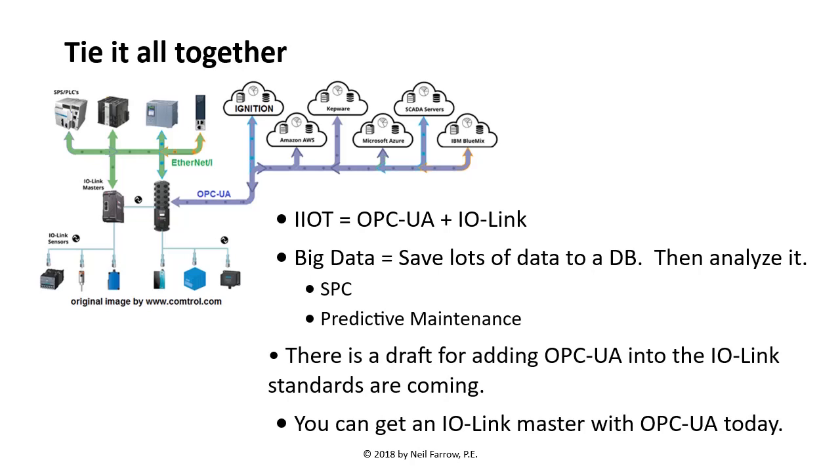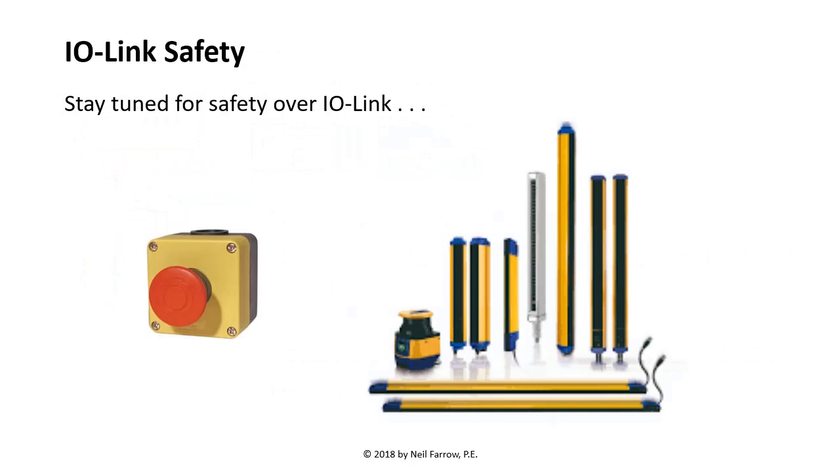There is a draft document open for comments for adding OPC-UA into the IO-Link standards, but there are some IO-Link masters you can buy with OPC-UA today. As of right now, they're working on a specification for IO-Link safety.